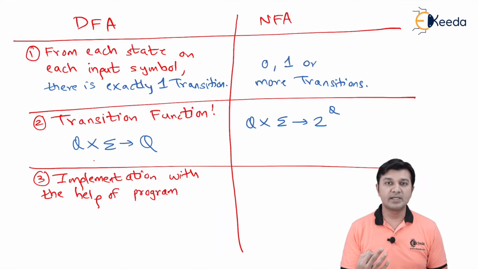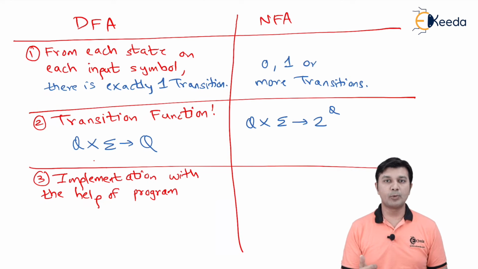If there are 3 states, the possible states of output are 2 raised to 3, that is 8 outputs. That is, there can be a maximum of 8 outputs in this case, where the NFA can ideally have 0 output shown or 1 output shown or at the max 8 outputs, but it can never exceed it. So that's exactly what it means: given a state and an input symbol, what are the possible states of output?